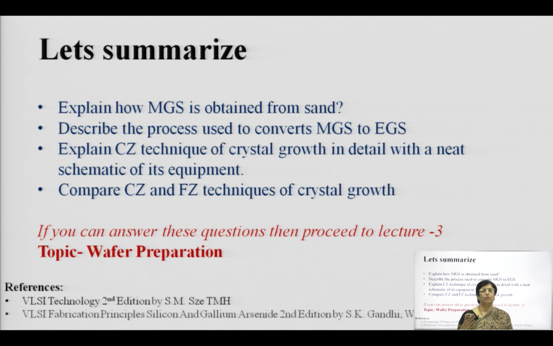Then, what is happening in the FZ process and the difference between CZ and FZ crystal growth processes. If you can answer all these questions and describe the CZ and FZ processes completely, you are ready to go further into the process of wafer preparation that we are going to study in the third lecture.